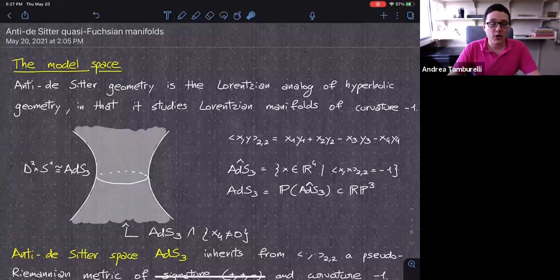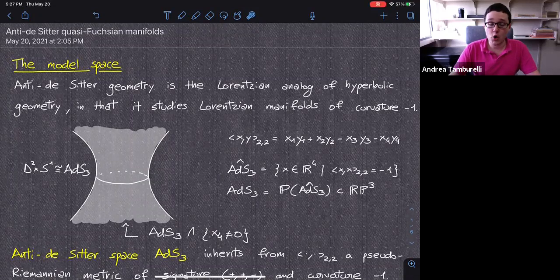Okay, so in the second talk, we are going to study the Lorentzian analogues of almost-Fuchsian hyperbolic three manifolds, which are called anti-de Sitter quasi-Fuchsian manifolds. So anti-de Sitter geometry is the Lorentzian analog of hyperbolic geometry in the sense that it is the geometry of Lorentzian manifolds of constant curvature -1.